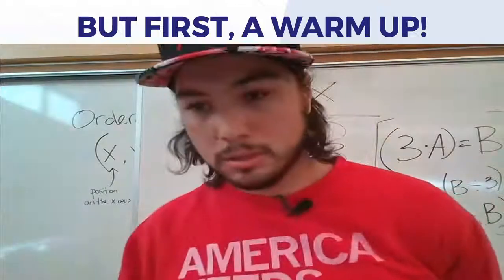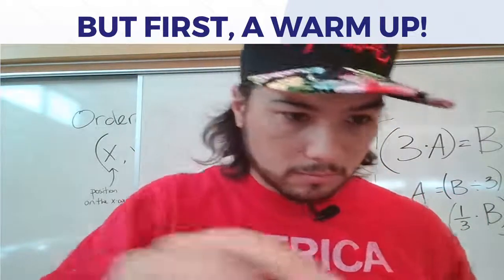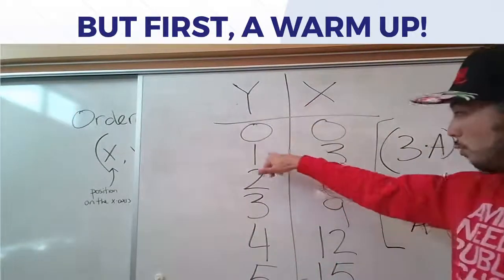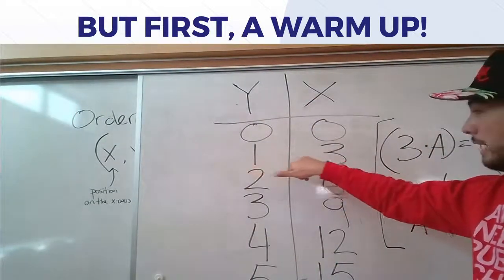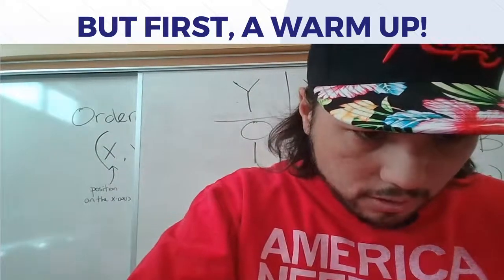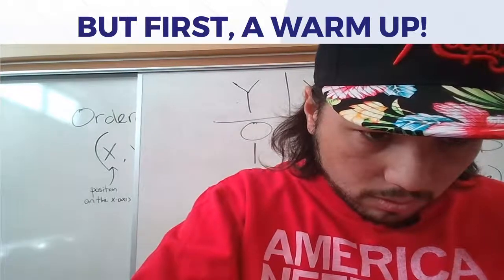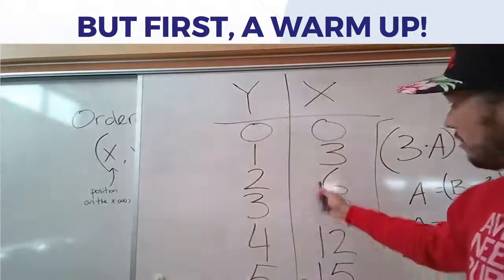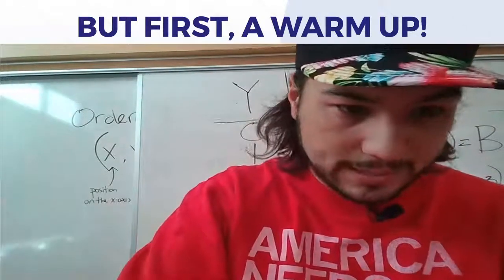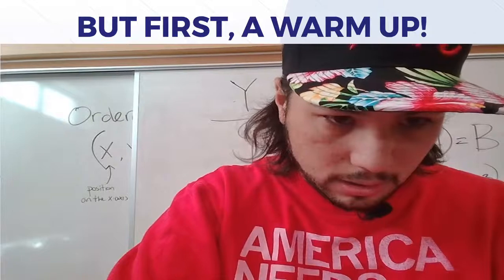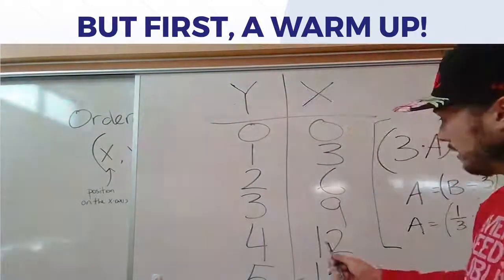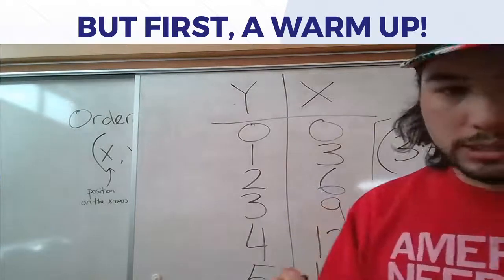So now, again, 0, 0. But this time, we're going to have y equal 1 and x equal 3. So let's go 3 over, 1 up. Then we're going to have y equal 2, x equals 6. So we'll have 6, 2 on our ordered pair. And then we'll have 9, 3 instead of 3, 9.